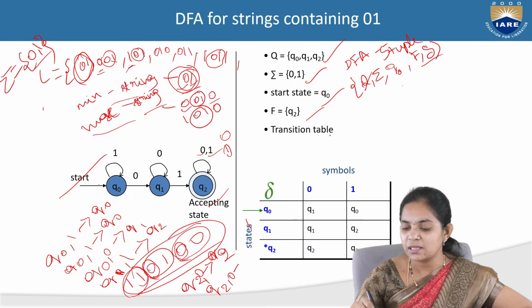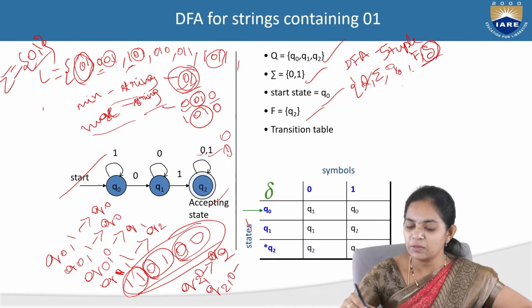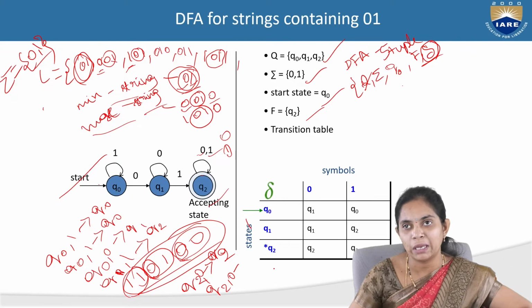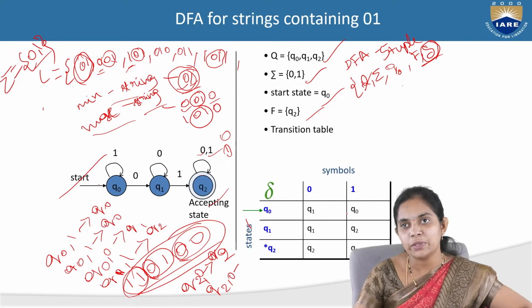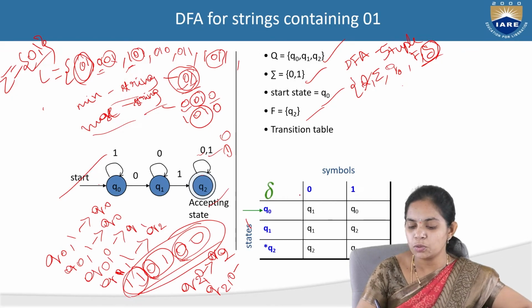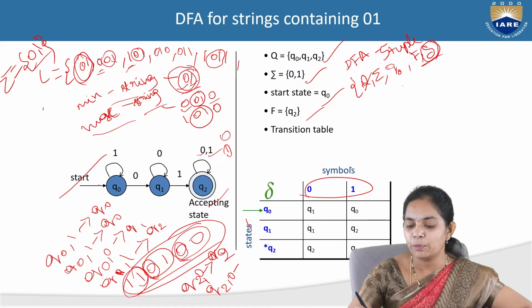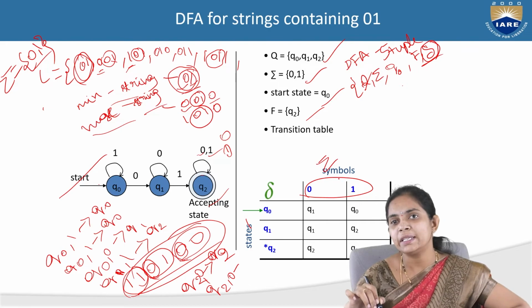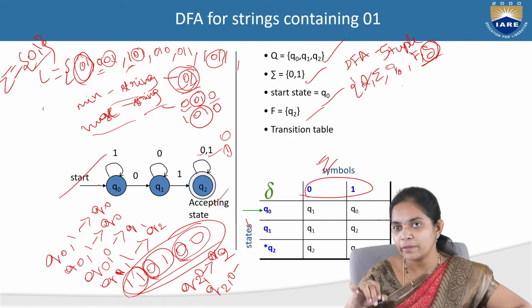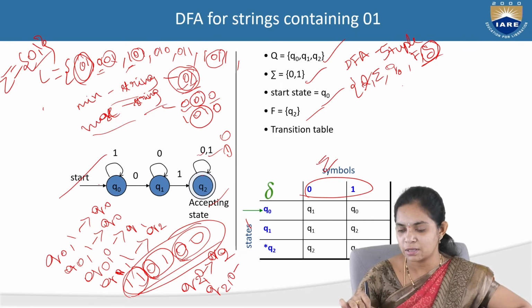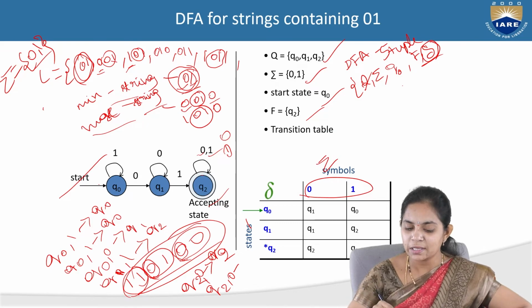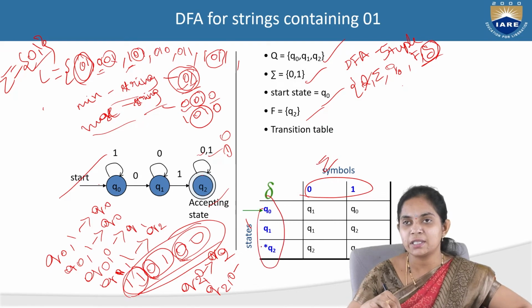And next, the transition function, which is represented in the form of a table. The table contains the two symbols we already discussed, called input symbols or sigma symbols. However many symbols we have in sigma should be represented in these columns. And next, these are the states we have.